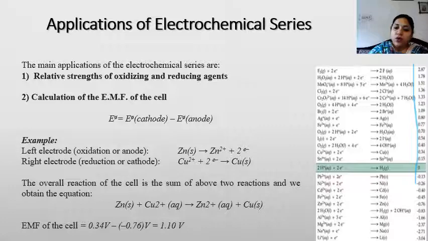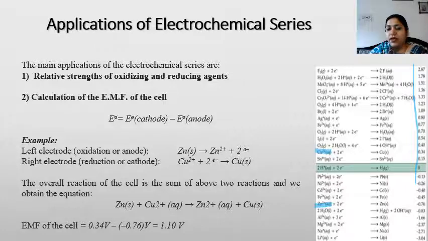We already discussed how we will determine which one from a pair will act as anode and which one will act as cathode. Here we are taking the example of zinc and copper. Zinc will act as anode and copper will act as cathode, as the value of zinc is negative and the value of copper is positive.